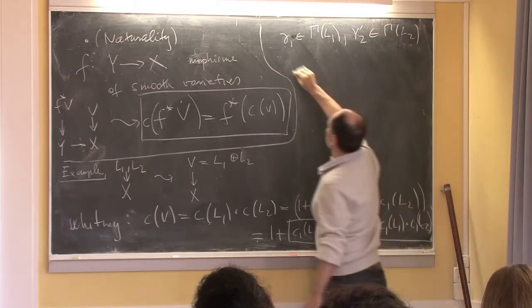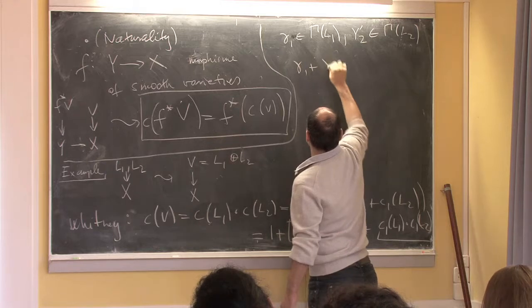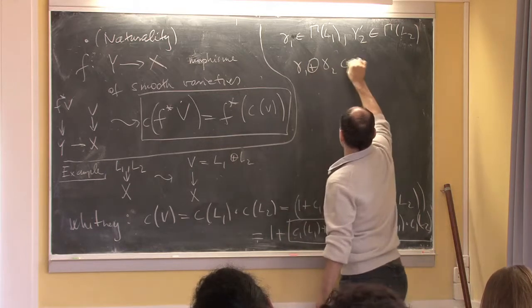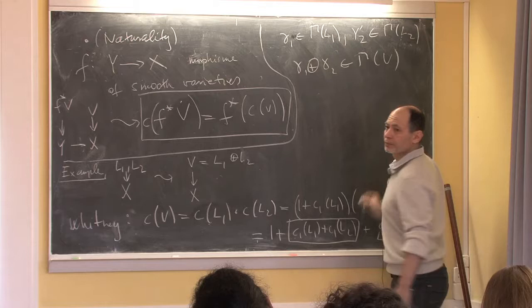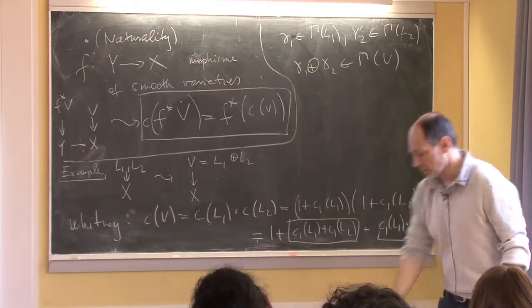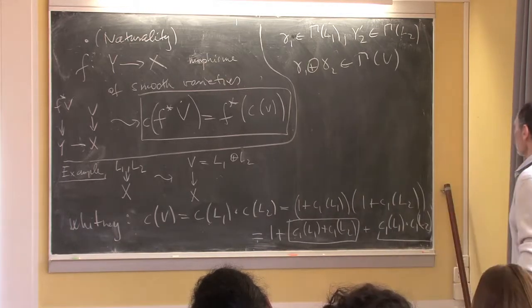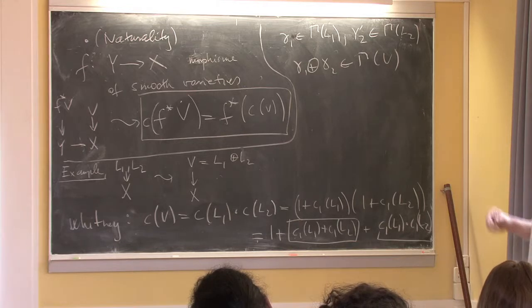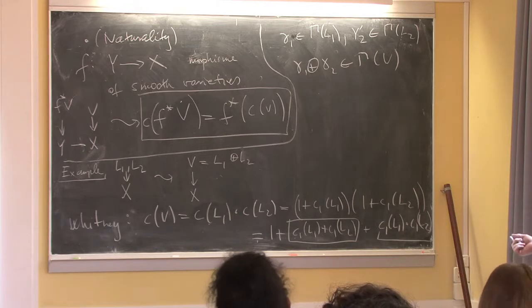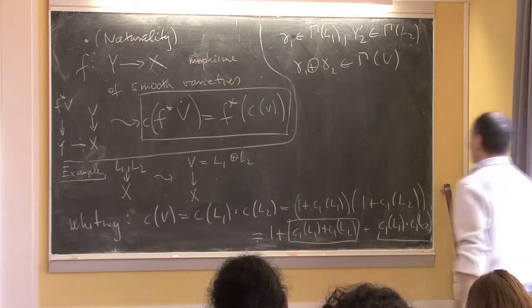So the point is that then gamma 1 plus gamma 2 is going to be a section of V, right? And so then we can now compare with what we've done before, and obviously, of course, it will work.